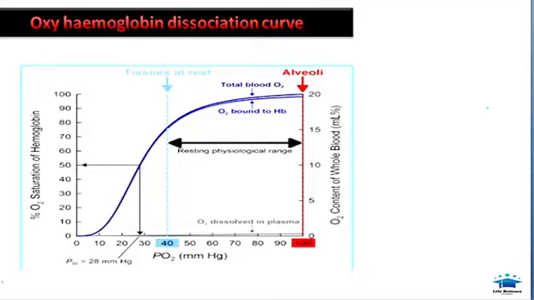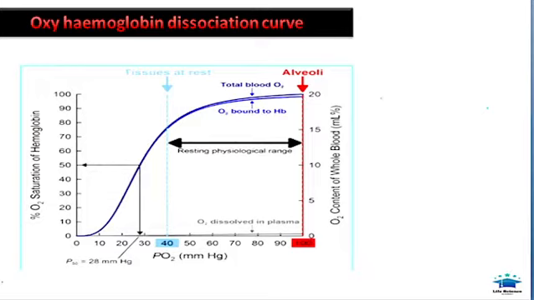So first of all, why do we plot this type of graph? For better understanding of the dissociation curve, and you can also call it association. Remember, both association and dissociation can take place in this graph.